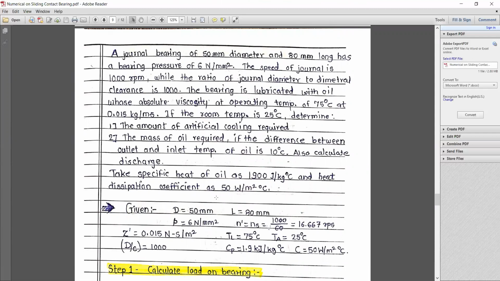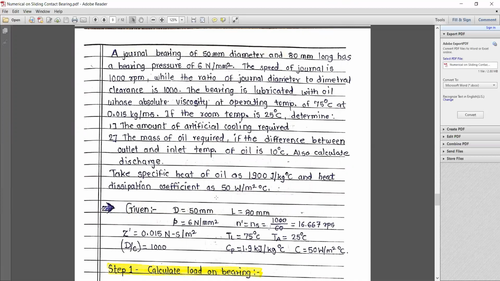The bearing is lubricated with oil whose absolute viscosity at the operating temperature of 75 degrees is 0.015 kg per meter second. If the room temperature is 25 degrees, determine the amount of artificial cooling required.